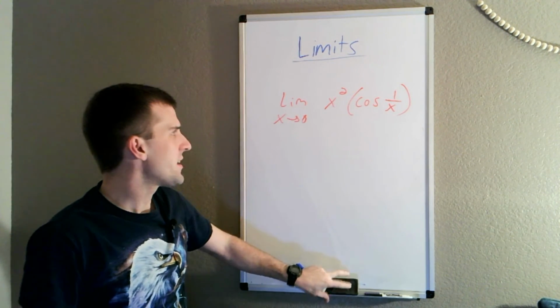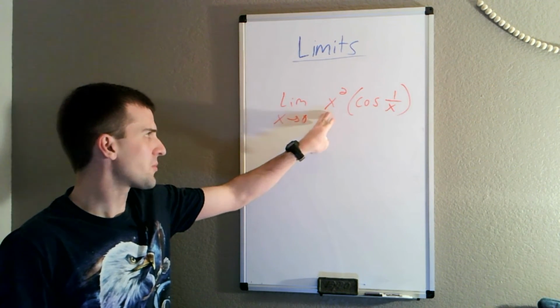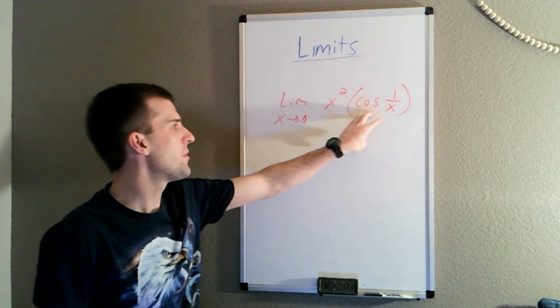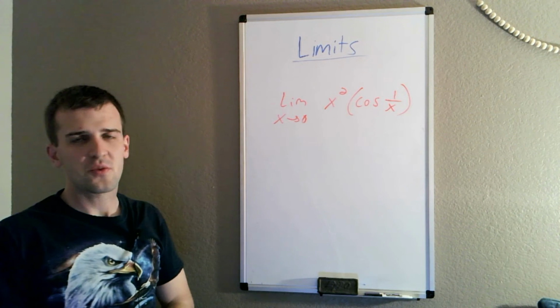Because we know that this has to approach some type of a value when you multiply x squared by it. X squared is going to get really close to 0. This cosine term isn't going to go away. So you can use something called the Squeeze Theorem.